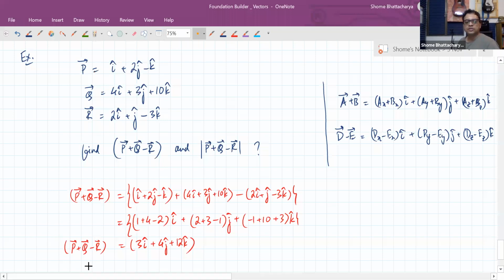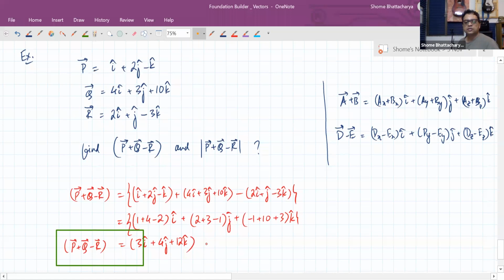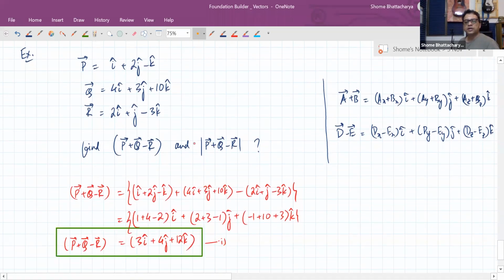Okay, now the second part, I have to just find the magnitude of P plus Q minus R. So that is nothing but the magnitude of this vector, 3i cap plus 4j cap plus 12k cap, which is square root of 3 square plus 4 square plus 12 square.